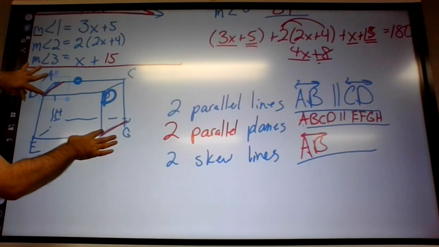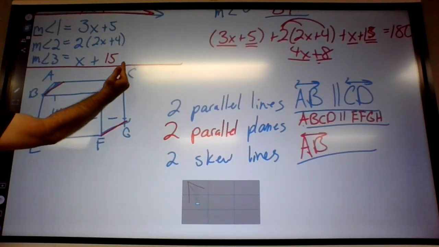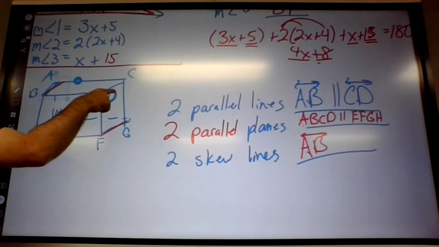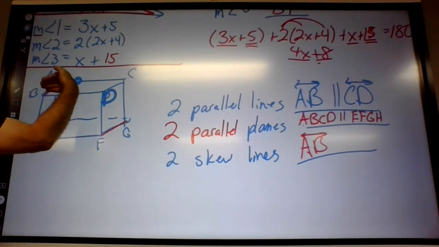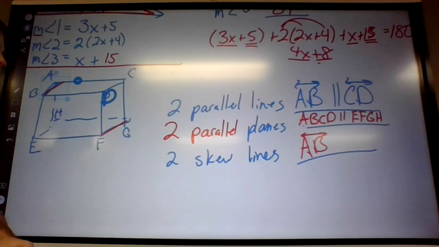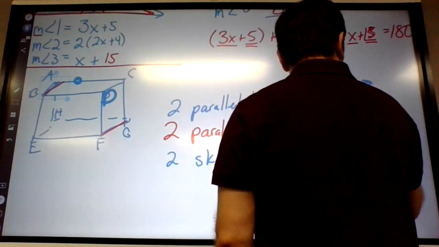So, does anybody else have an idea? CG, yeah, that'd be it. So, are these two gonna touch ever? No. Are they parallel? No, this one's going up, this one's going towards us. So these are not parallel, they're called skew. Oh yeah, there's a lot of possible answers on these.